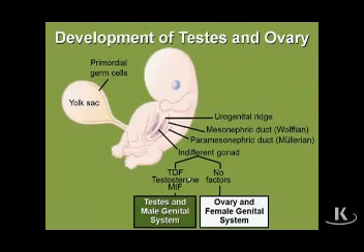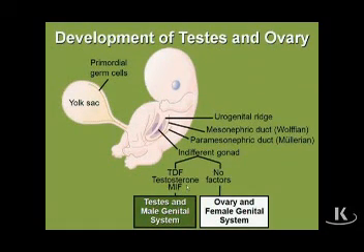In other words, the ductus deferens, prostate, seminal vesicles, penis, scrotum, and so forth, as well as other secondary sexual characteristics such as body hair distribution, fat, muscle, and so forth. So because we have a testis, we have Leydig cells. Because we have Leydig cells, we have testosterone and dihydrotestosterone, and that gives us the rest of the male reproductive system.